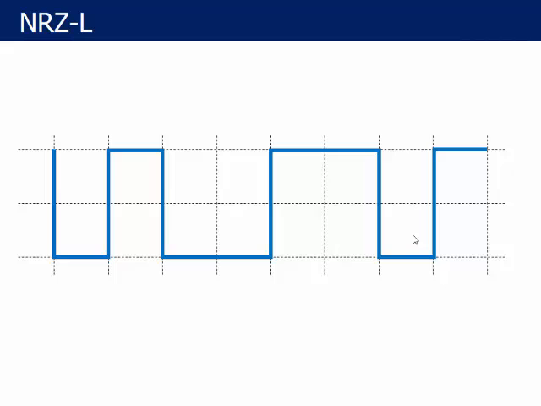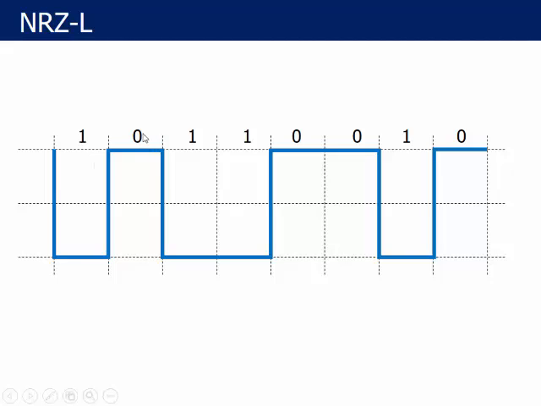I'm going to remind you of this. Let's say we have the data 10110010. This data can be encoded into this type of signal, which means if there is a 1, then there is no signal.